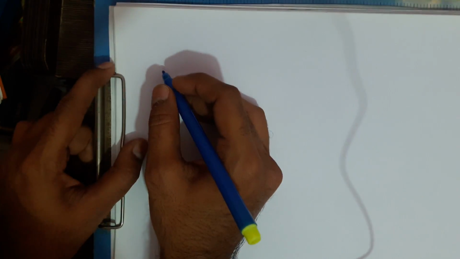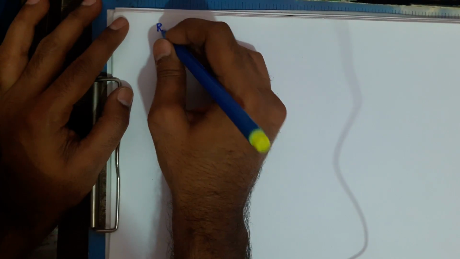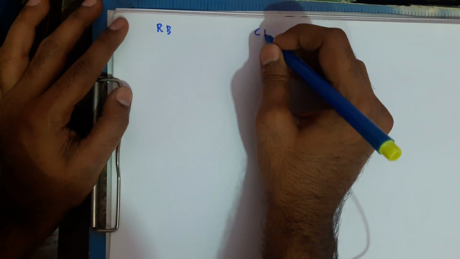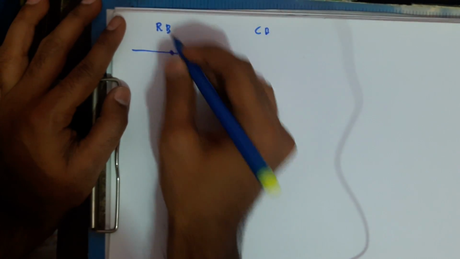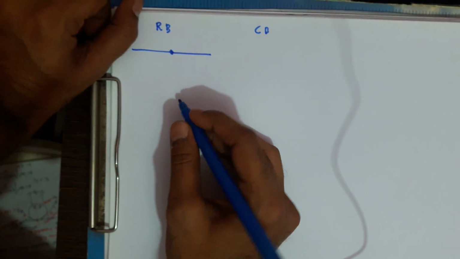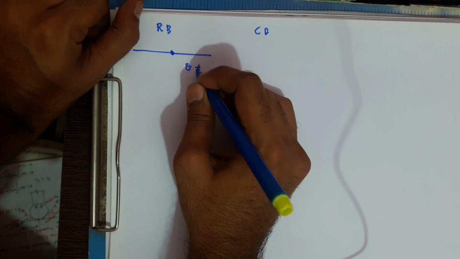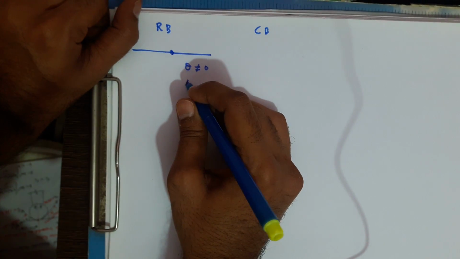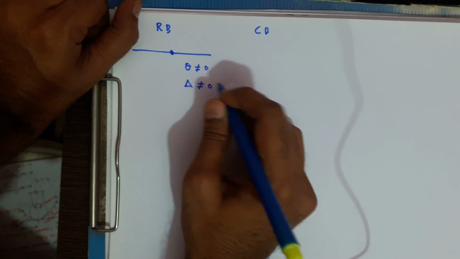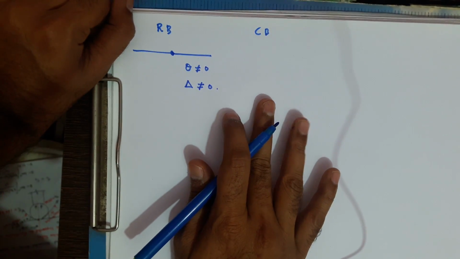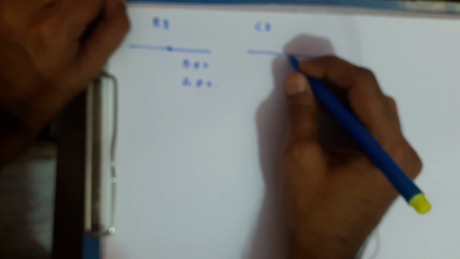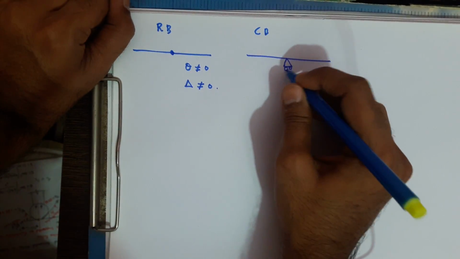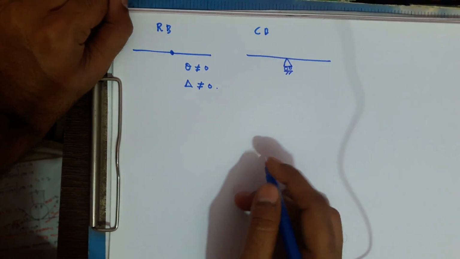Then we have, this is the real beam and this is the conjugate beam, an internal hinge in the real beam. At an internal hinge, theta is not equal to 0 and delta is also not equal to 0. So an internal hinge in the real beam will be equal to an intermediate support in the conjugate beam.